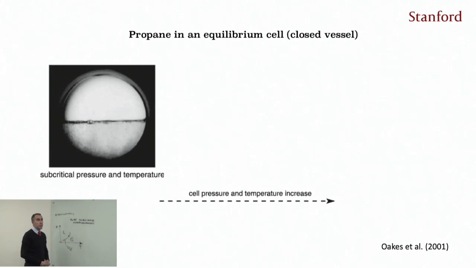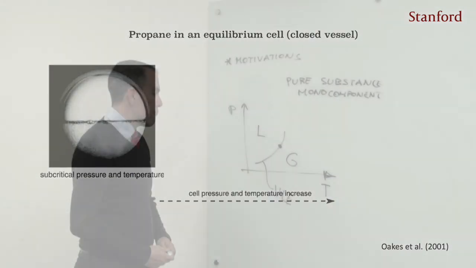And that interface, by the way, is very thin, it can be like 1 or 2 molecules of thickness, because the gas at atmospheric pressures is not subjected to any intermolecular forces, whereas the liquid has very strong intermolecular forces. So that interface is very thin, and as you know, that causes problems in numerical simulations.